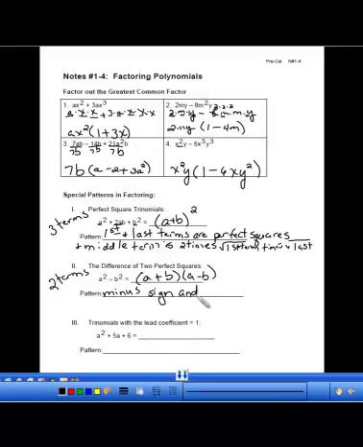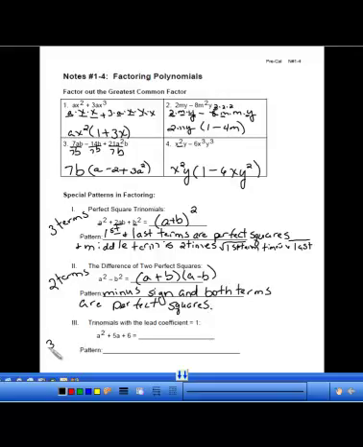You have to look for the fact that both terms are perfect squares. Okay, very good.